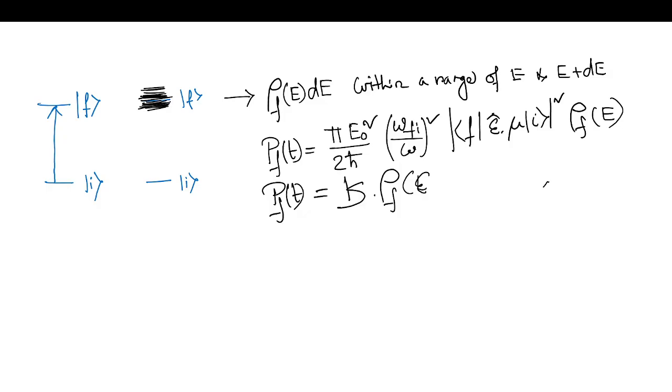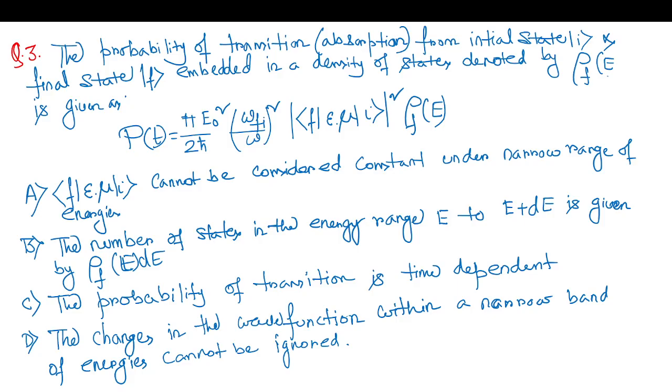Now we will see how we can incorporate this density of number of states, or density of states, in the rate of absorption or transition.